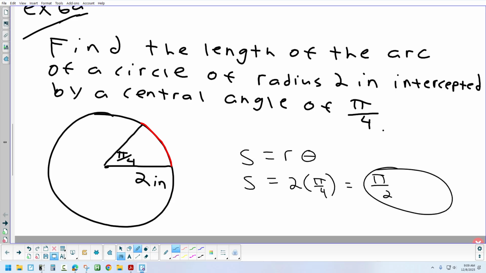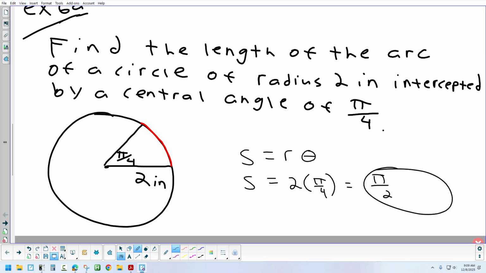Because we were finding the length of something, we do need a label on that. What should be my label on the pi over 2? Well, Marin, what's my label on that? Radian? Did we find an angle? What were we solving for?